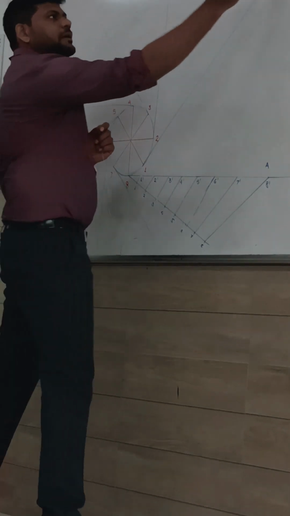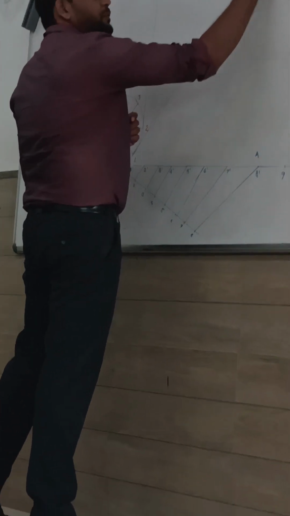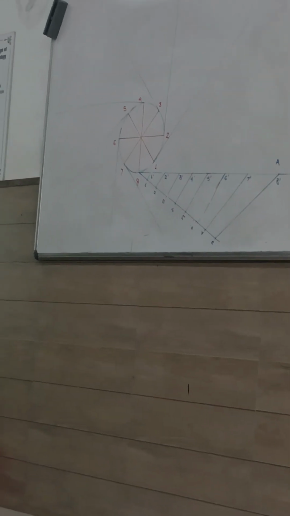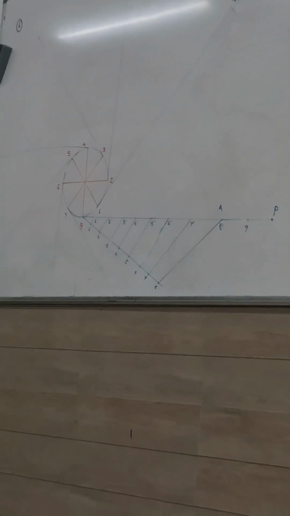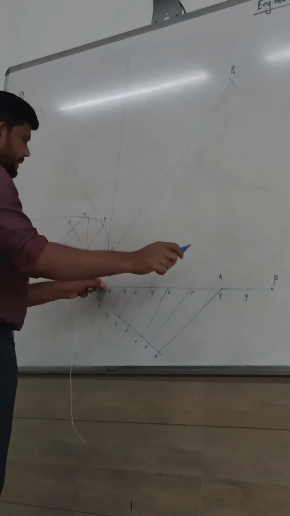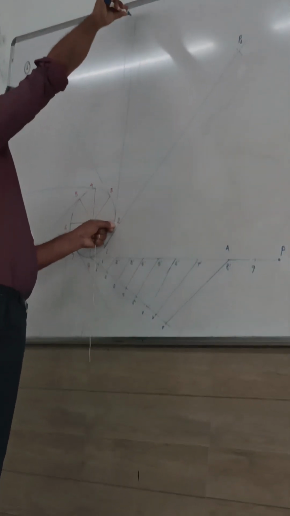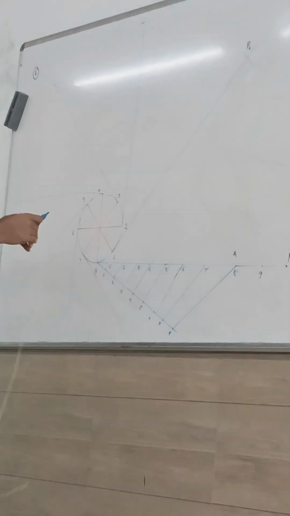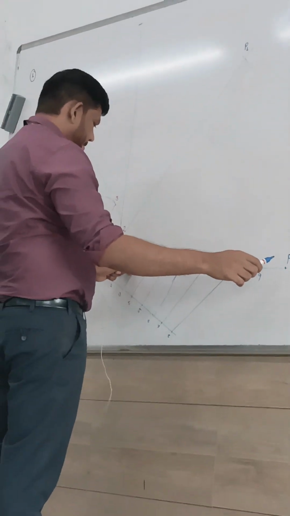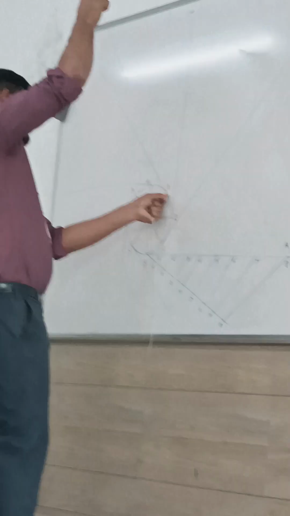This is my point P1. In the question they are saying name the curve. Naming the curve is nothing but naming those points. Then take distance 2 dash to P, from point 2 cut an arc. Then take distance 3 dash to P, from point 3 cut an arc.